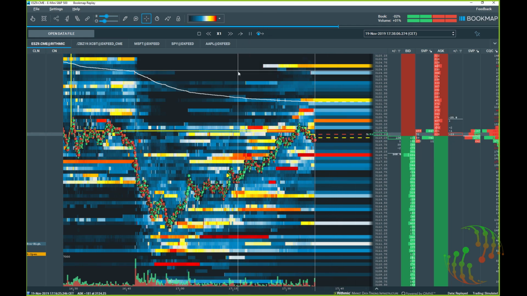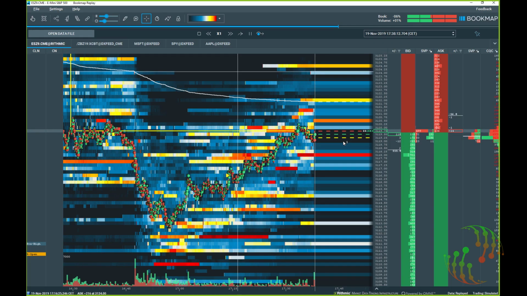Let's continue a little bit. We can go through this slower then, but let's see what is happening here. You see these green bars here coming up?